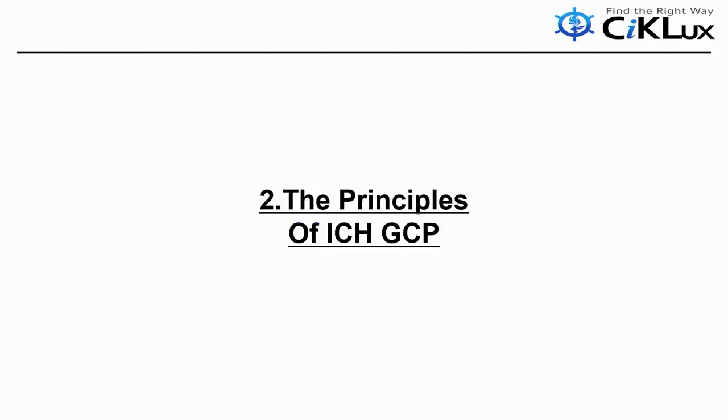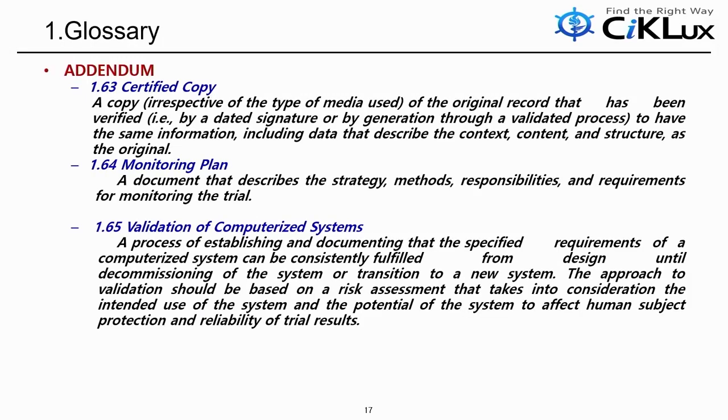And here in the glossary, we have 3 newly added terms: certified copy, monitoring plan, and validation of computerized systems. Under the ICH GCP, the words in the glossary are listed in alphabetical order.